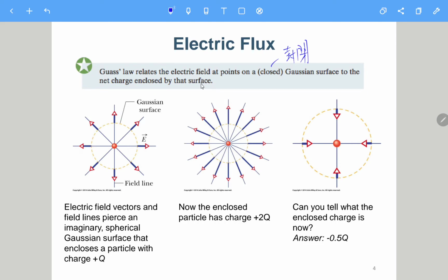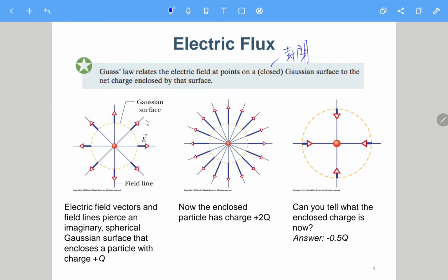In this textbook, the surface is usually called a Gaussian surface, and it refers to a closed surface, 封闭. If the surface has no hole, then it is closed. If I try to open it, it is open. This is closed. So it's a very easy concept.